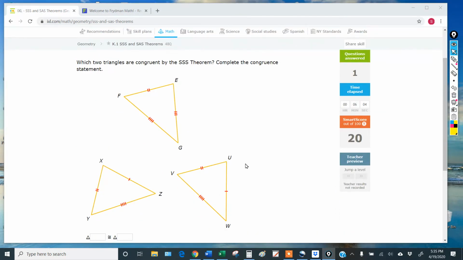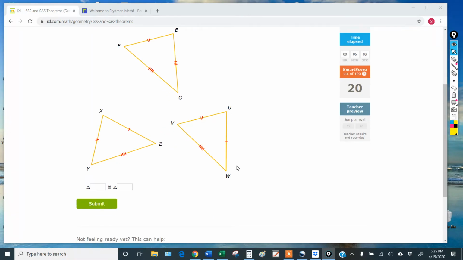Okay, which two triangles are congruent by the SSS theorem? All right, so let's see. Again, let's see what we have that's the same here. So here I have 1, 2, 4. Here I have 2, 3, 4. No, that's no good. Here I have 1, 2, 4.